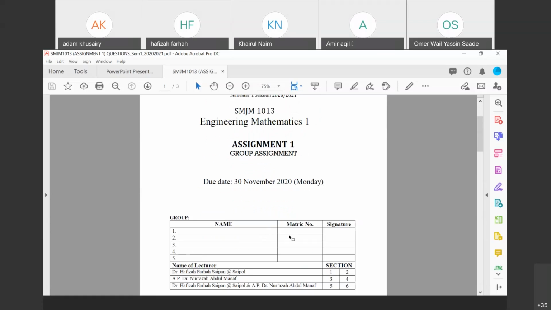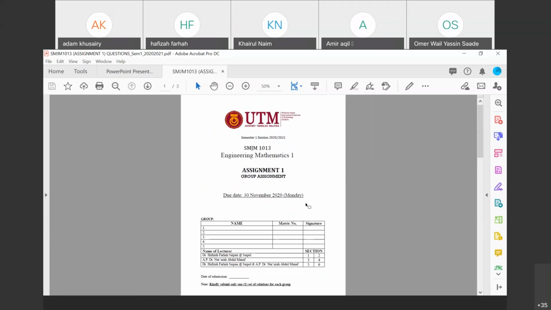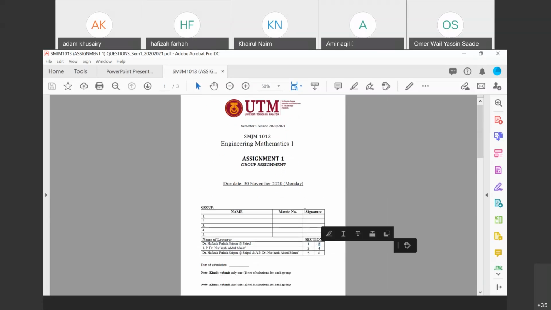You cannot mix section 1 and section 2 in one group. So this is the template. You have to fill in your name, matrix number, and signature, and choose my name, Hafiza Farha. So choose whether you are from section 1 or section 2.